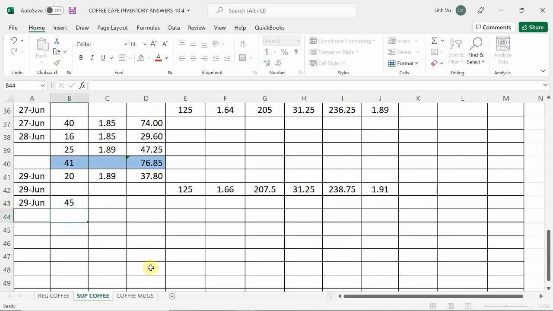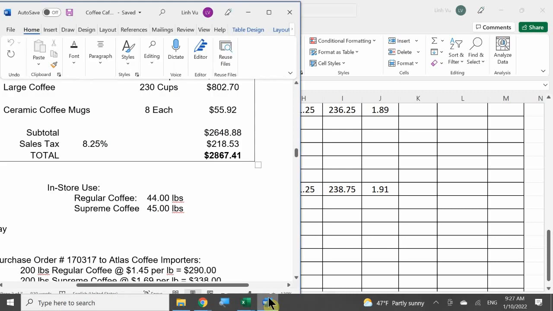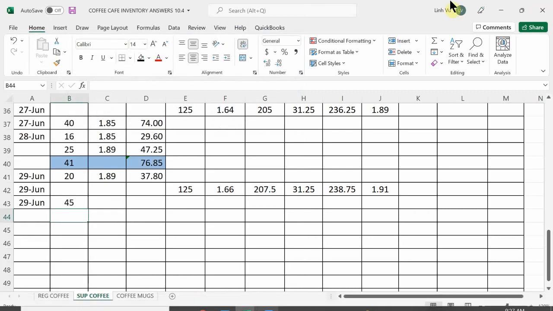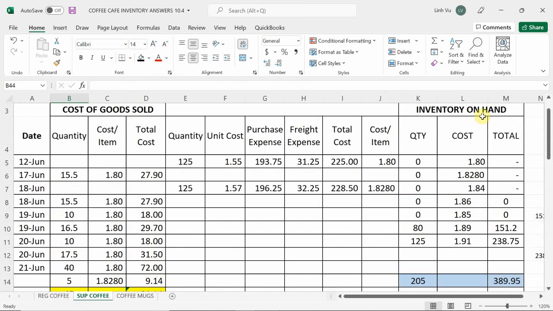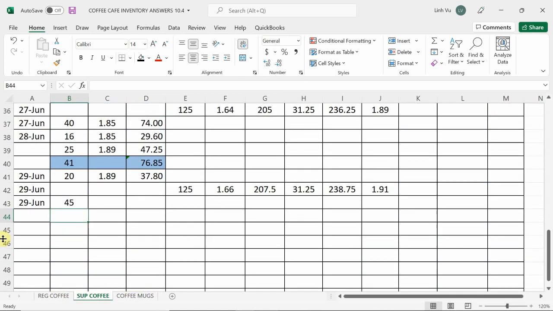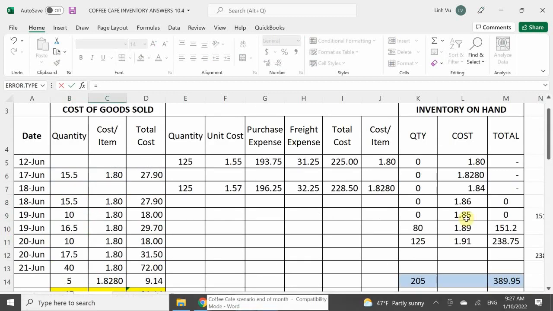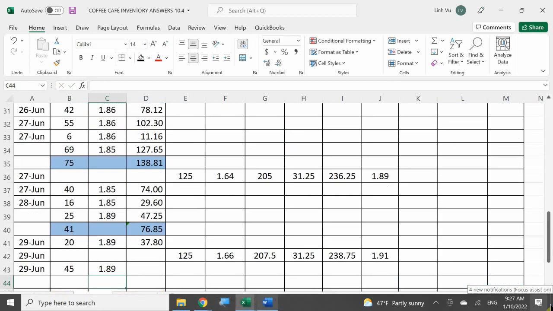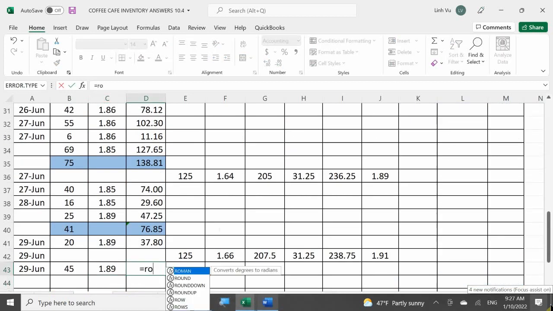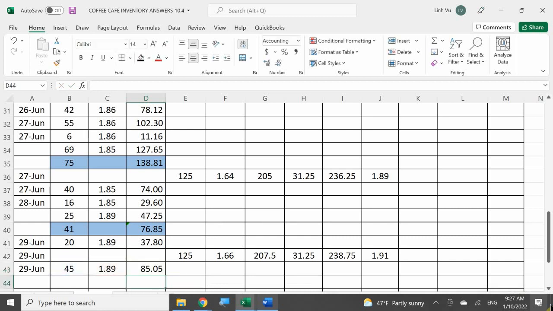Used 45 pounds of the Supreme coffee, right? 45 pounds. Okay. At $1.89 because we're using FIFO. So we definitely have enough of this 80 batch here. What is the total cost of goods sold here? 85.05.